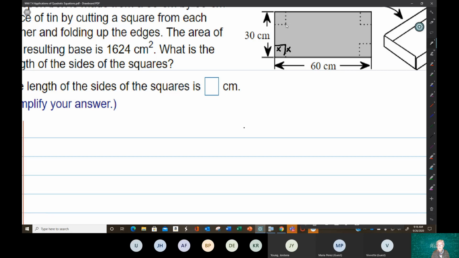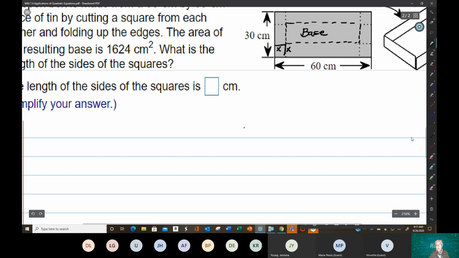And we're told that the base of the box has an area of 1,624 square centimeters. That's the base of the box after the sides are folded up.